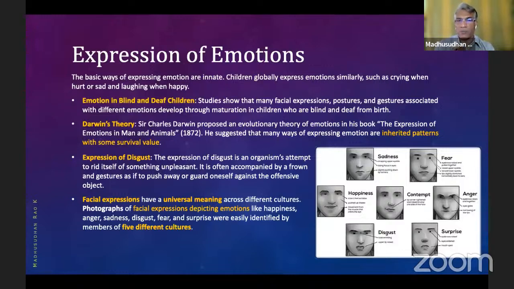He suggested that many ways of expressing emotions are inherited patterns with some survival value. So he said that based on survival values only, emotions are emoted. That is not just human beings, animals also, he said.